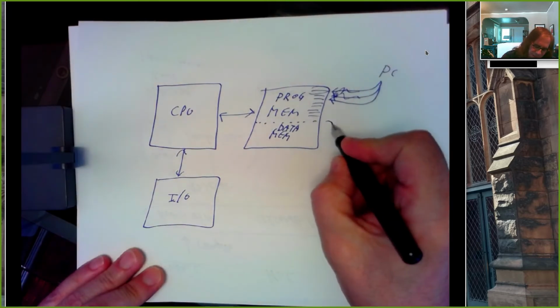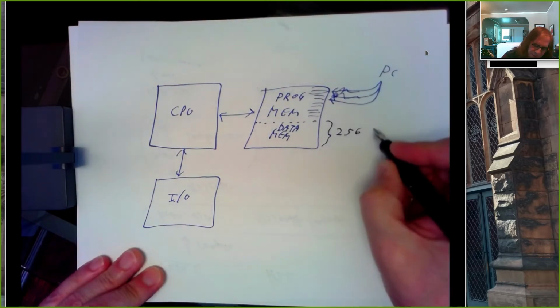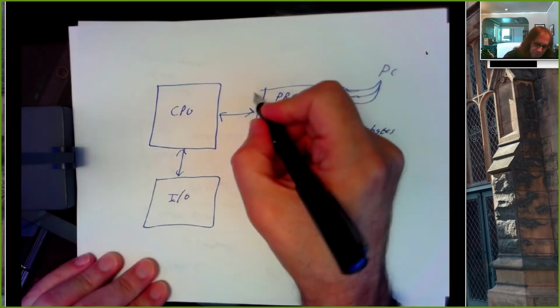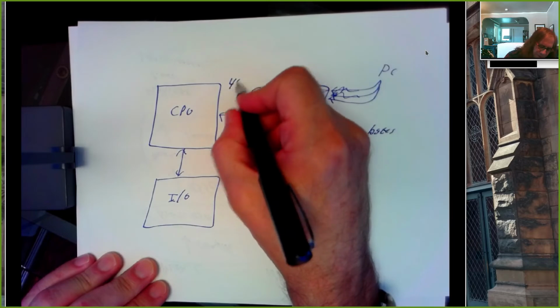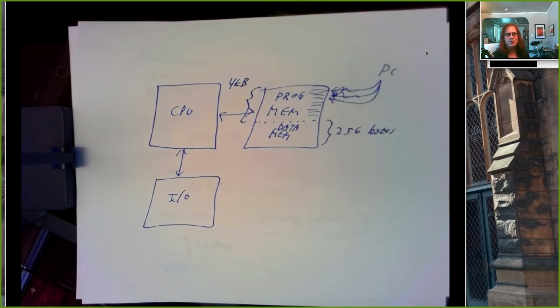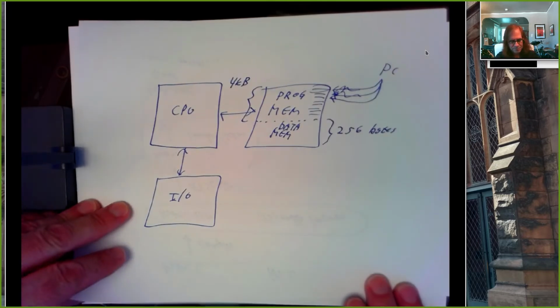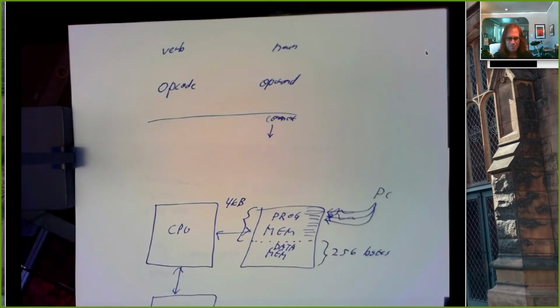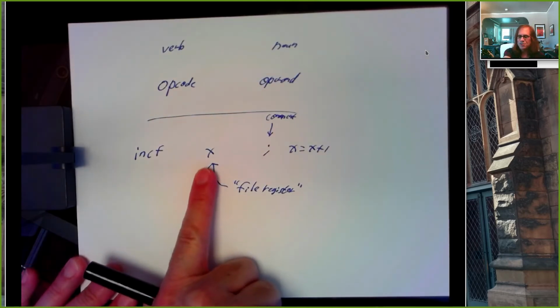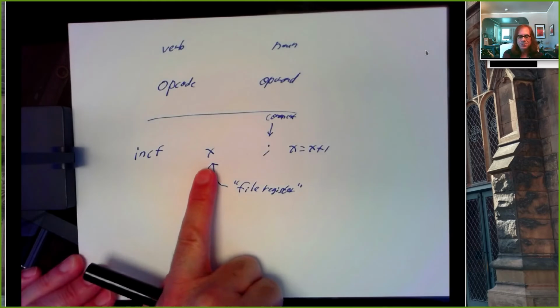Our data memory is pretty small. We basically have 256 bytes of variables. Our program memory, remember, we have 4 kilobytes. Data memory is even smaller, 256 bytes. That's it. So this X is referring to one of those 256 locations.